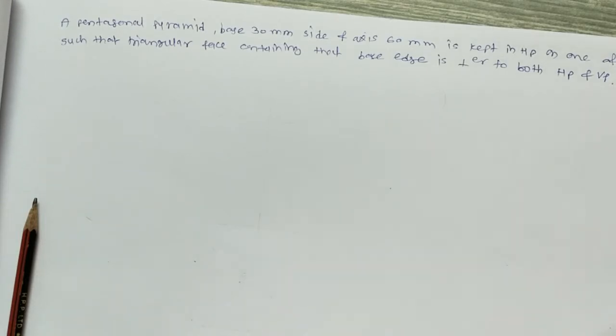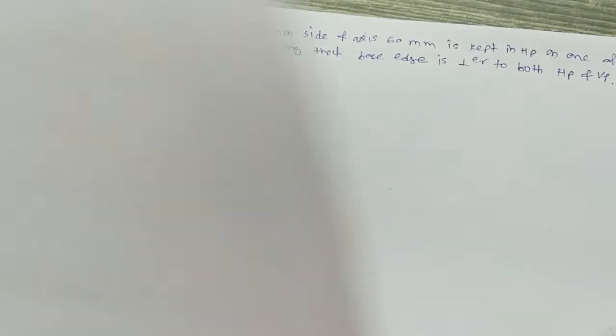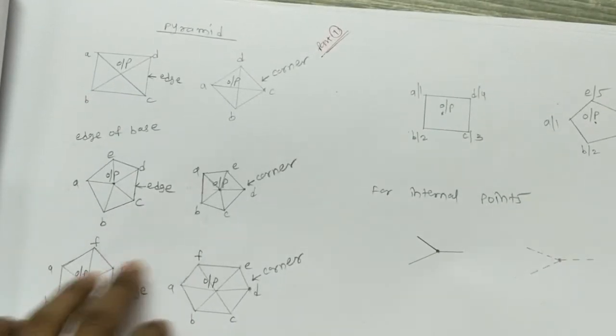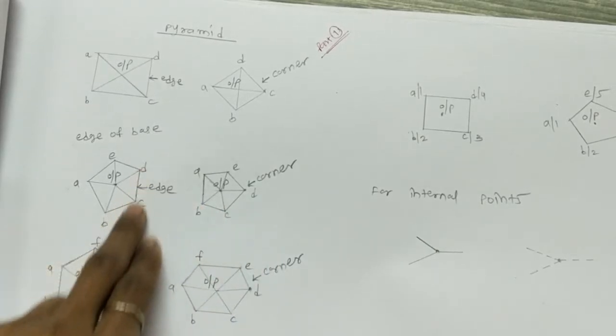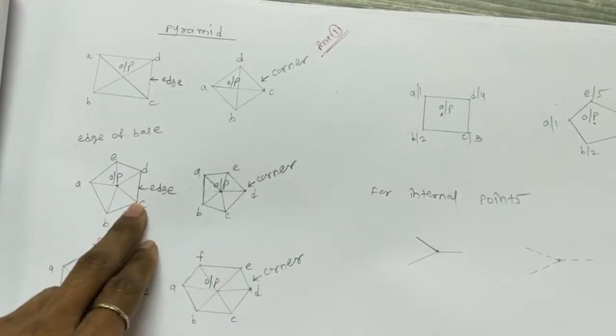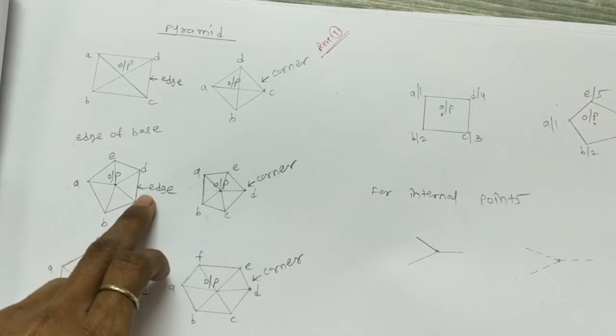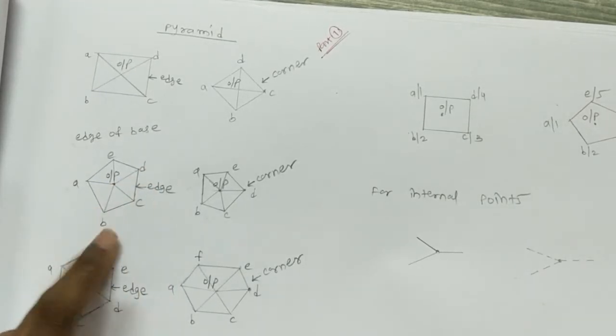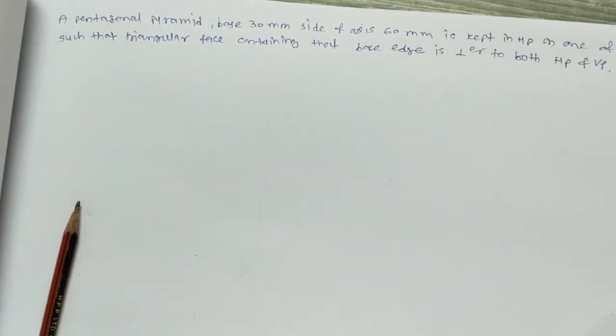So it is given that the pentagonal pyramid is kept on HP on one of its base edges. We will see this condition as the pentagonal pyramid kept on HP along its base edge like this. So we will draw the pyramid like this in HP, the horizontal plane.